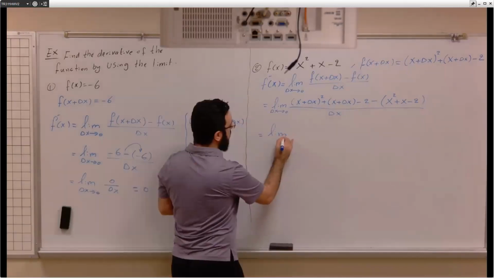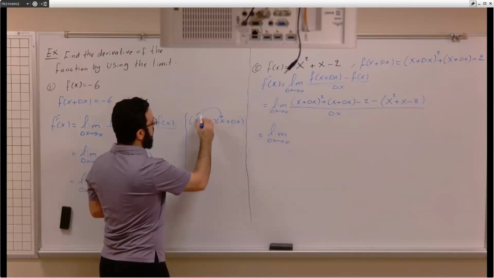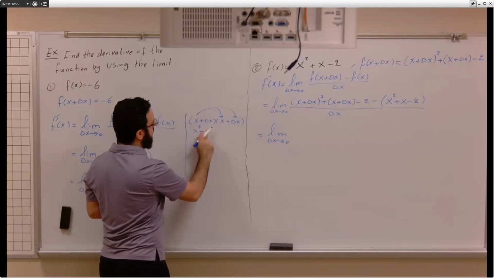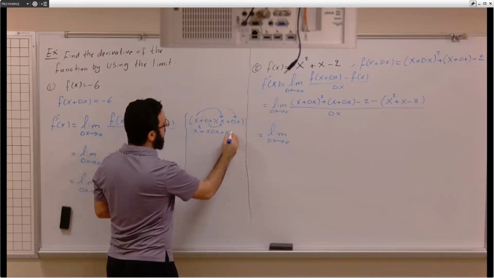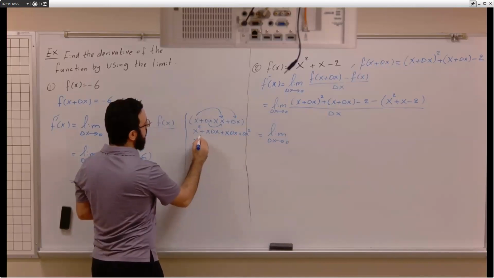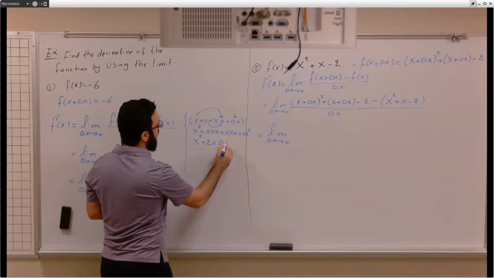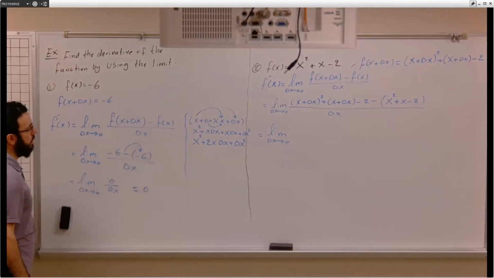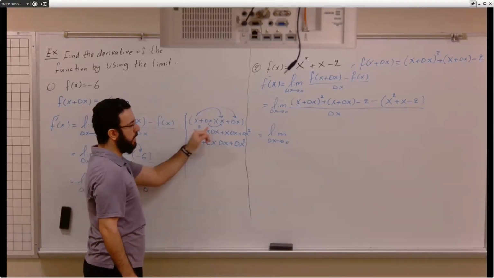So it's going to be the limit when delta x approaches 0, x times x will be x squared, x times delta x is going to be plus x delta x, and delta x times x is again x delta x, plus delta x squared. Combine the like terms, it'll give you x squared plus 2x delta x plus delta x squared. Just FOIL these 2 parentheses and be careful. If you want to use 2 colors, you're not going to get confused here.